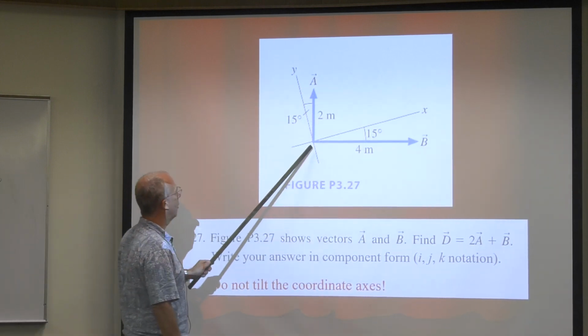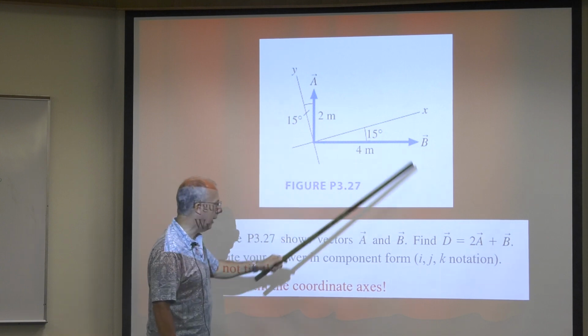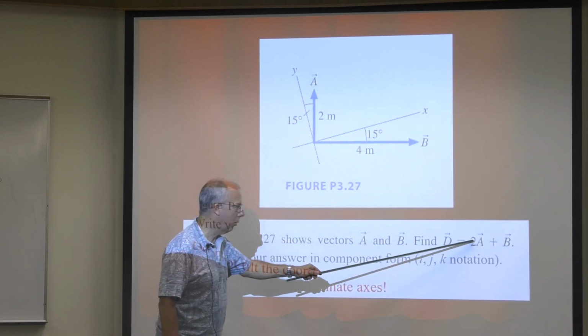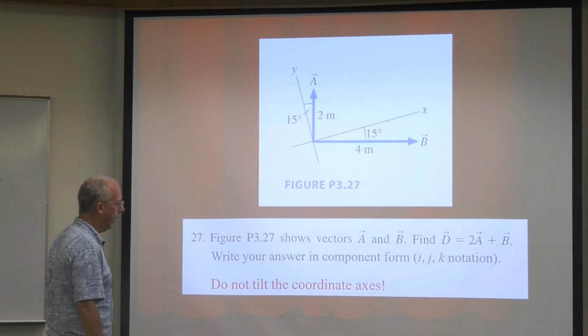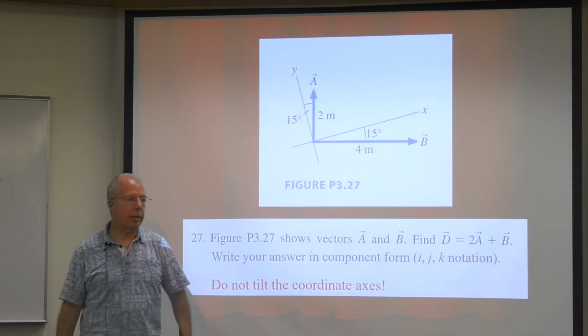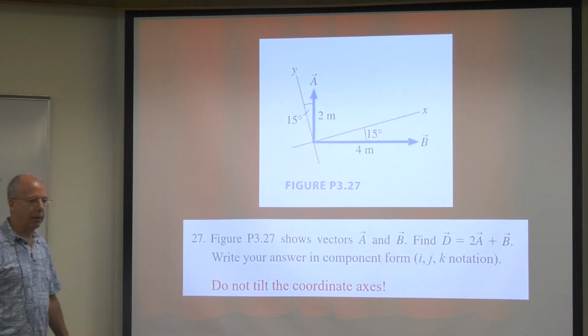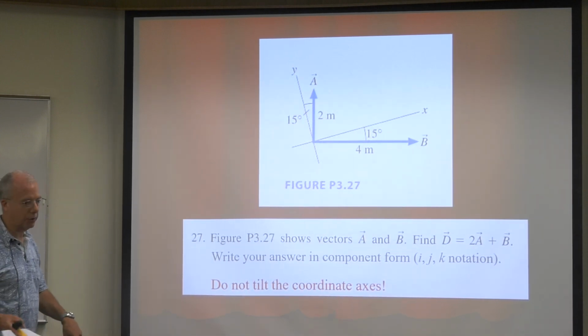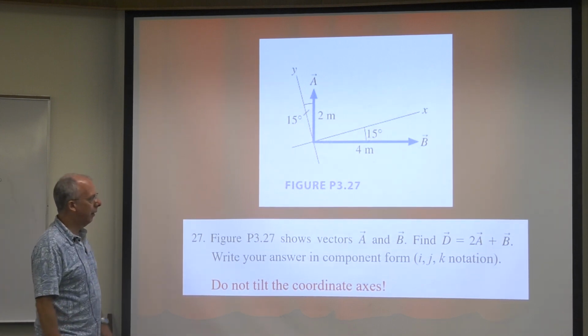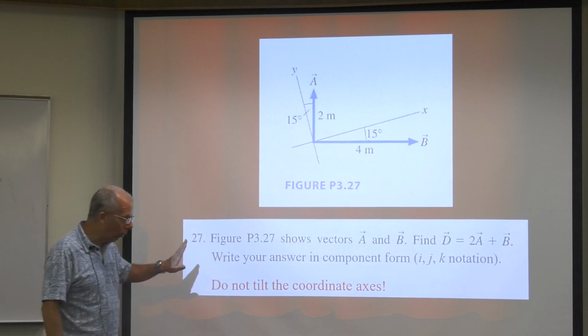So here's this vector A, here's this vector B. What you're supposed to do is find vector D. Vector D is 2 times A plus B. And make sure you write your components in i, j, k notation. That means you're going to be finding angles, right? In trig functions, sines and cosines of angles, so you really need a calculator. So pause your video and work on it, please.